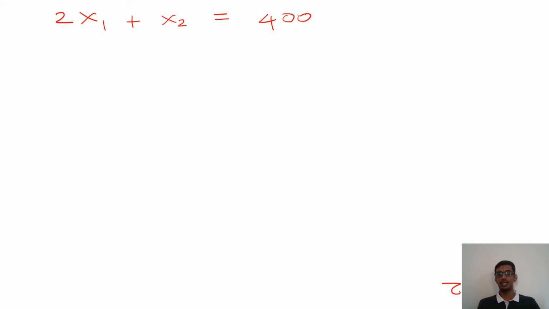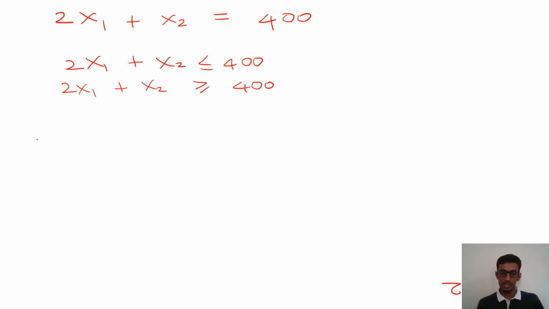Then how will you handle this? The way you can do this is to first write it as two constraints. 2x1 plus x2 is less than or equal to 400 and 2x1 plus x2 is greater than or equal to 400.